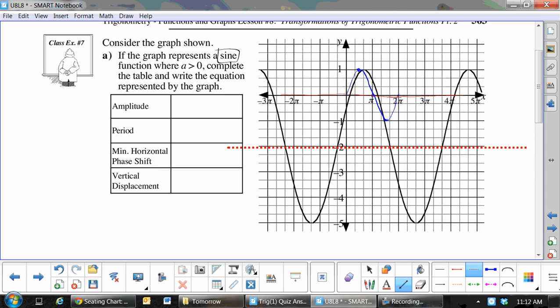Make sure your amplitudes are in the same top and bottom. That's going to help me so much with what? What does the midline really help you with? With which two letters? D and?